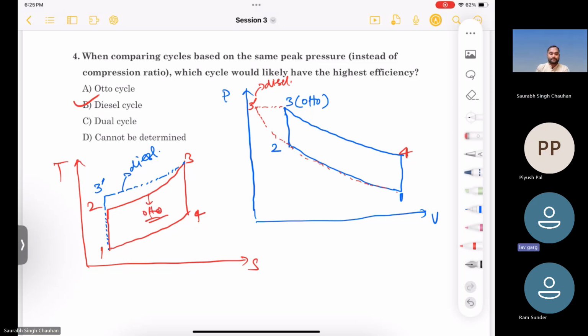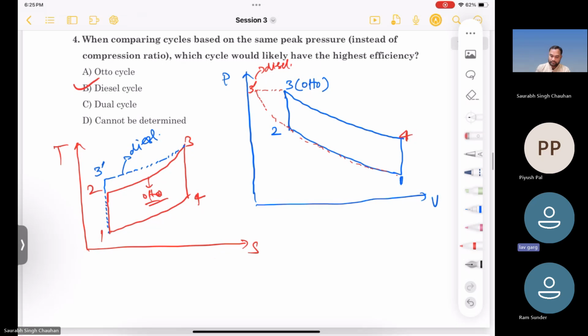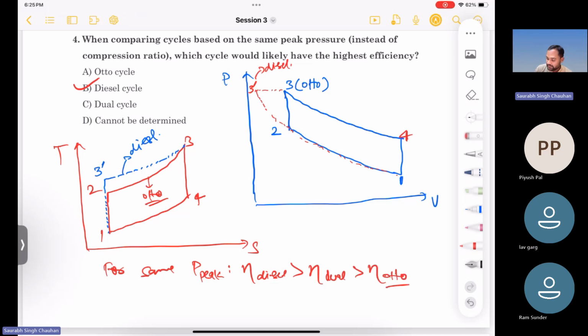For the same peak pressure, the efficiency of diesel is the highest, then dual, and the Otto cycle has the minimum efficiency, right? So if you want to compare engines, instead of comparing the compression ratio, it is better to compare on the basis of peak pressures.